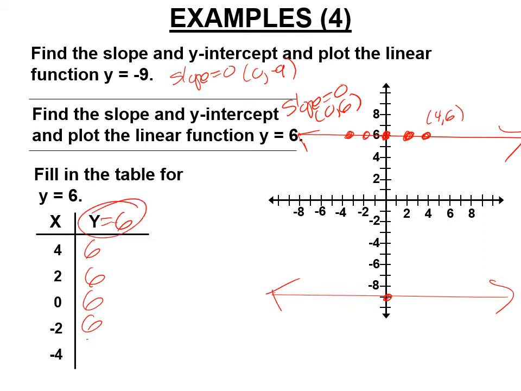The y-coordinate will always be 6. These are functions. They are linear functions because putting 4 only gets one answer. Putting 2 only gets one answer. They all get the same answer, but they only get one answer for each input. So that is a function. Linear horizontal lines are linear functions.